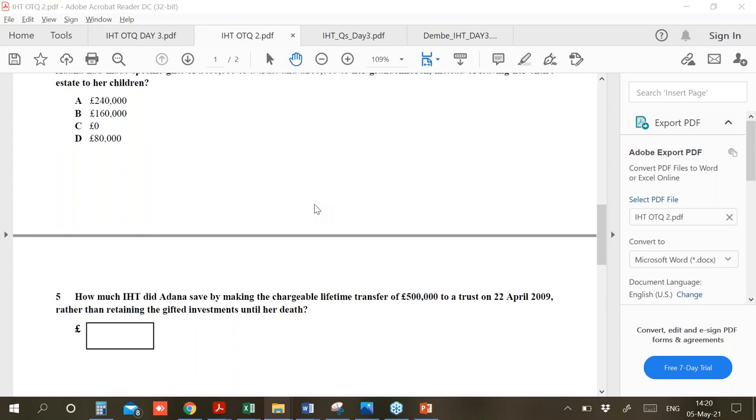So one of the advantages of making gifts in lifetime from the IHT perspective is, let me tell you the key advantages, because I have seen the examiner usually ask: can you tell us the benefits of gifting assets in the lifetime in IHT? Number one, if you transfer anything during your lifetime, its value will be locked at that date.